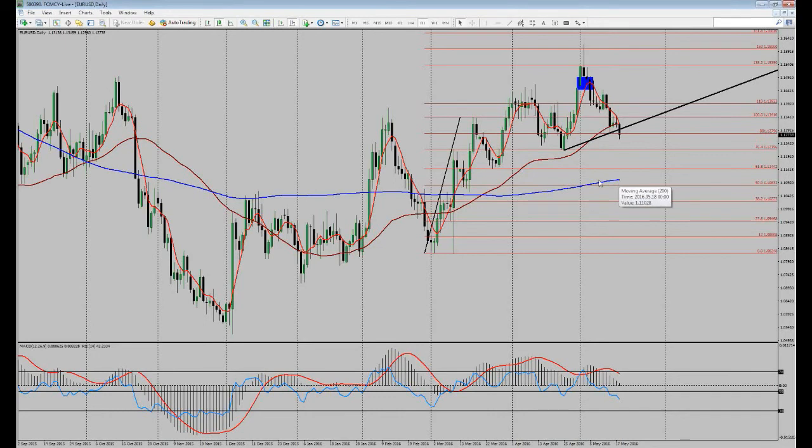We have the 200 moving average sloping upwards, which is an indication that there is a possibility for the market to be on the bullish side, while the 50 moving average, these are daily moving averages, is already staying flat. So I quite often use this funny term called a moving average sandwich.